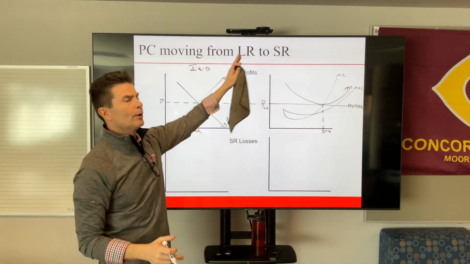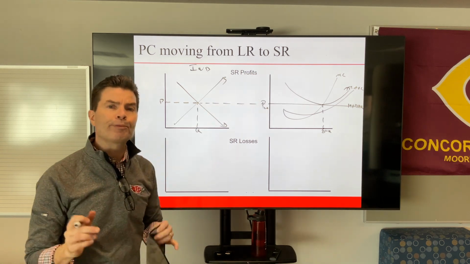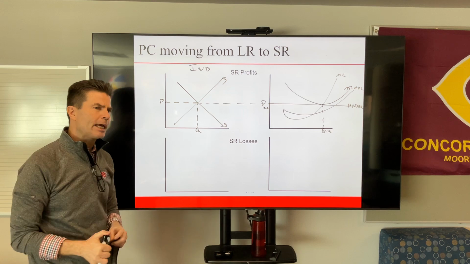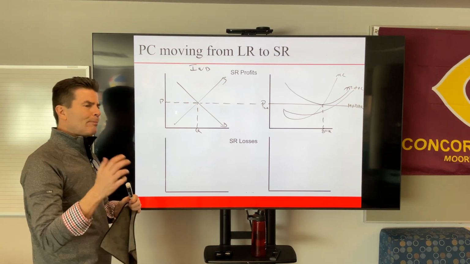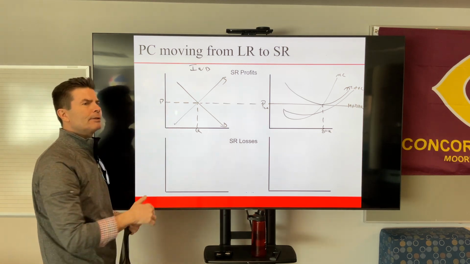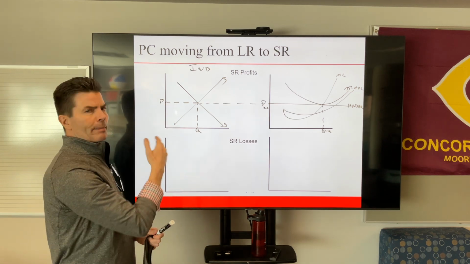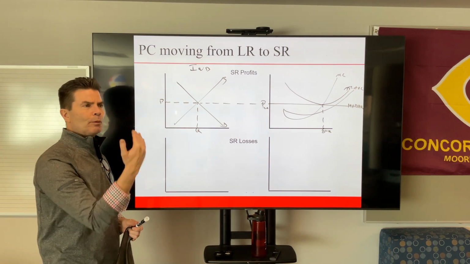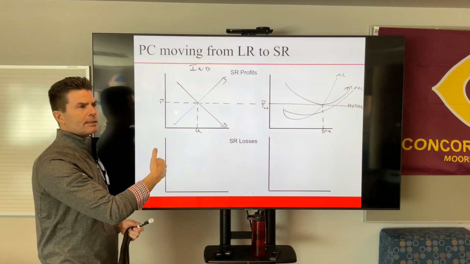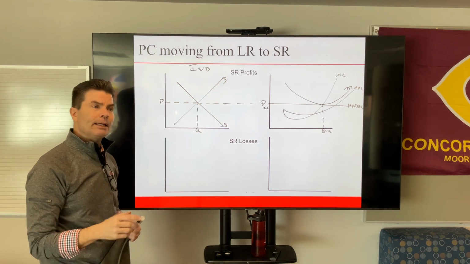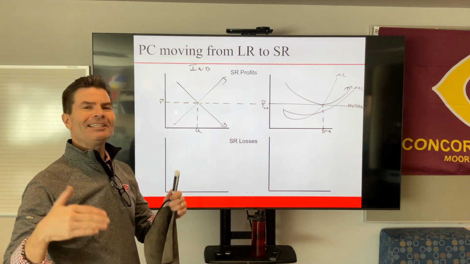But now I want to go to the short run, and I want to earn profits in the short run. So what would happen here? Most of the time what you're going to find is that something happened to actually shift the market. And so let's just use the demand side. On the demand side, we have to have something happen that actually raises the price. It could be that you have an increase in demand.